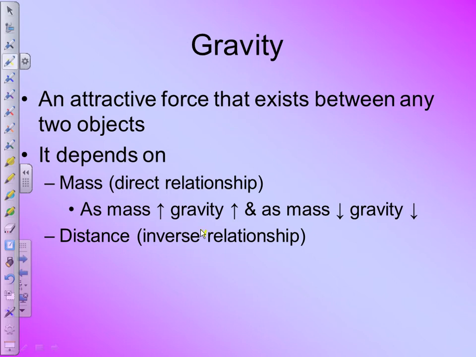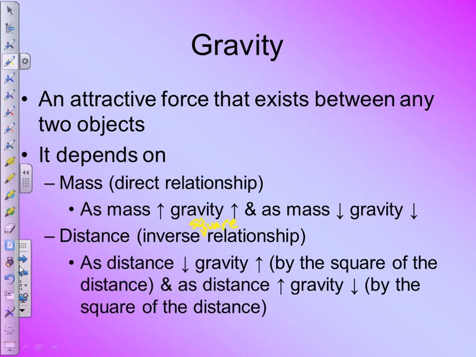But we should clarify this, right? It's actually an inverse square relationship, right? Where, as the distance goes down, gravity goes up, but by the square of the distance, okay? Meaning that if you go from 1 meter to 1/2 meter, there will be more gravity that exists between you and the object.